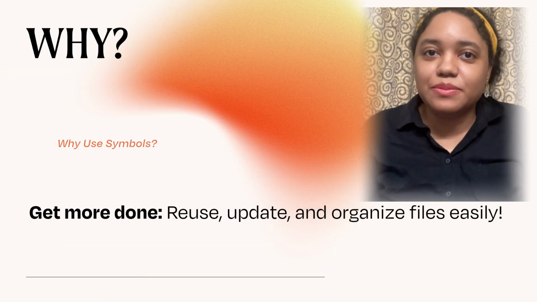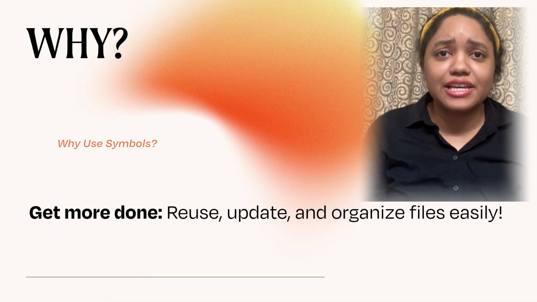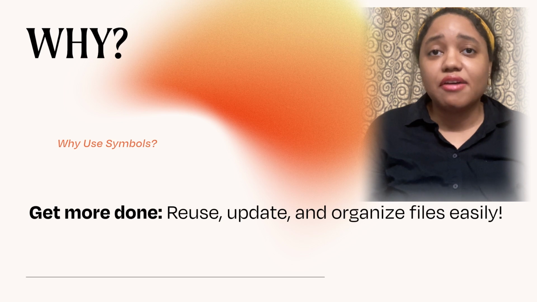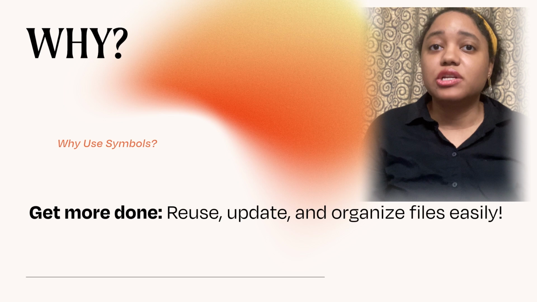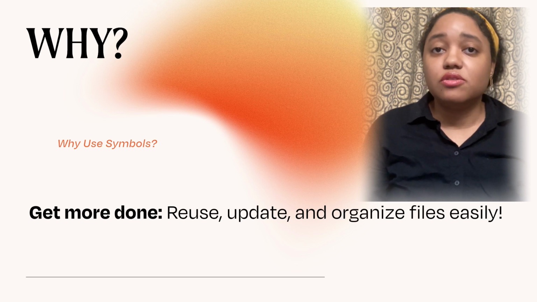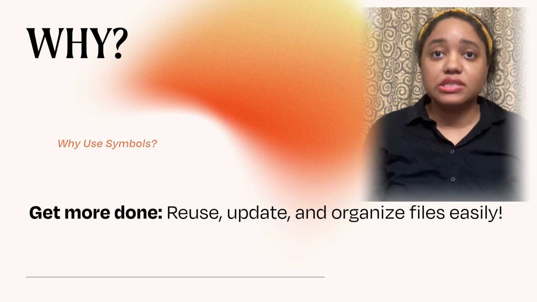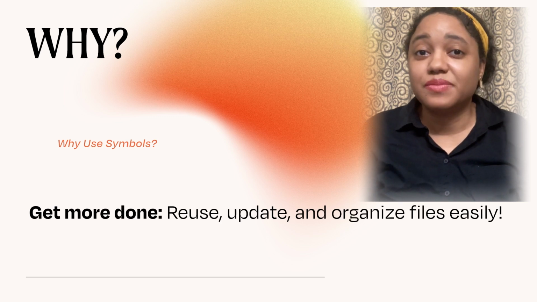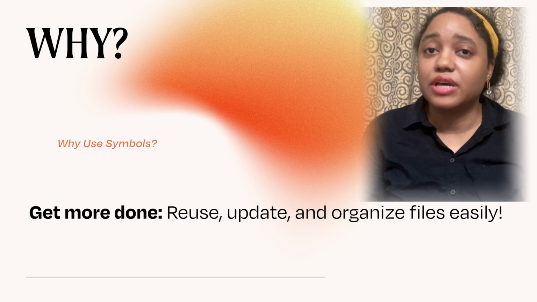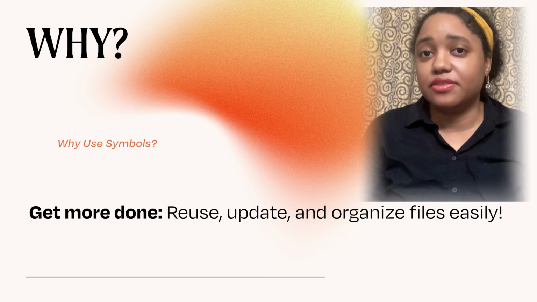So why use symbols? Can't you just draw it over again or copy and paste everything? Well, you want it to be organized. You want to know exactly where to go. You also want to be able to reuse the same elements. And maybe you want to update something. Maybe you realize, okay, I actually want to add this to this character.